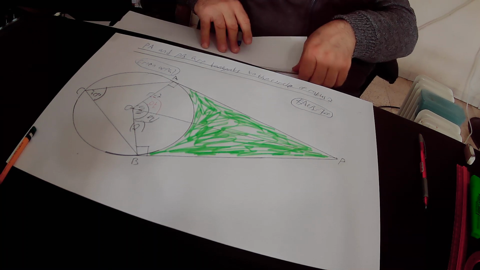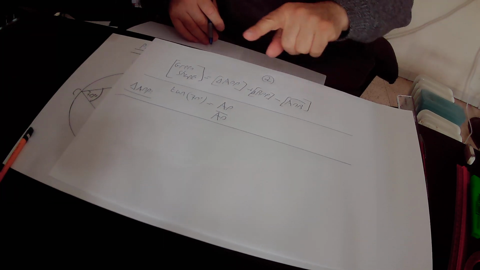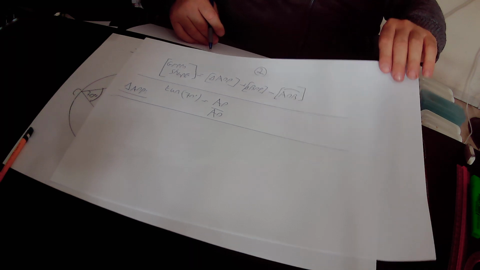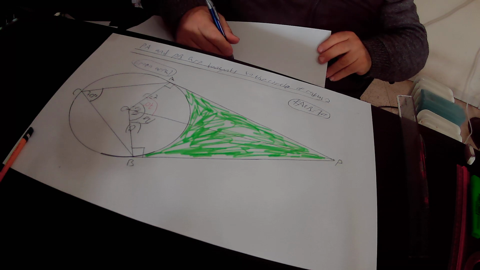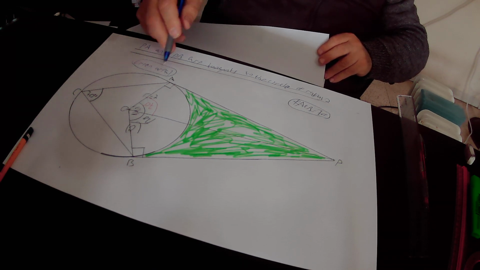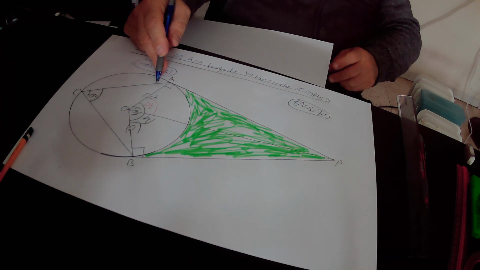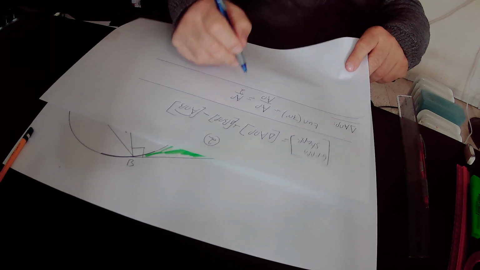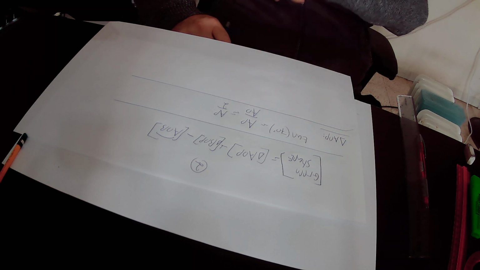AP is the missing side. AO is the radius of this circle, which is equal to 2. So we substitute AO by 2, and we find that tangent 70 degrees equals AP over 2.